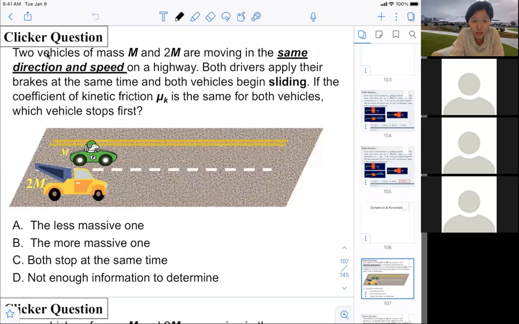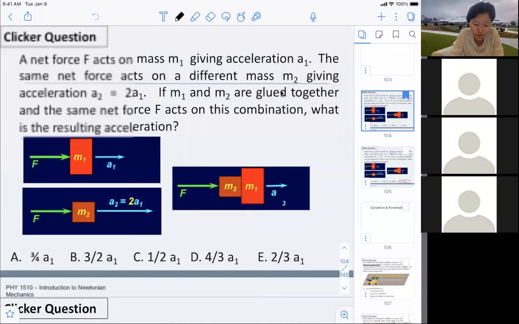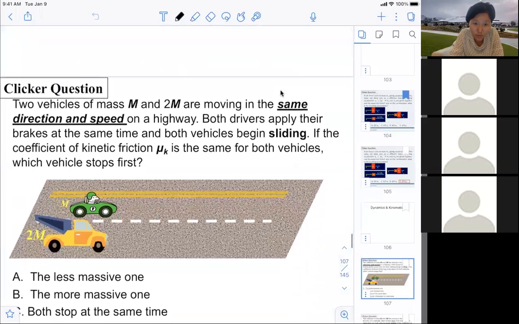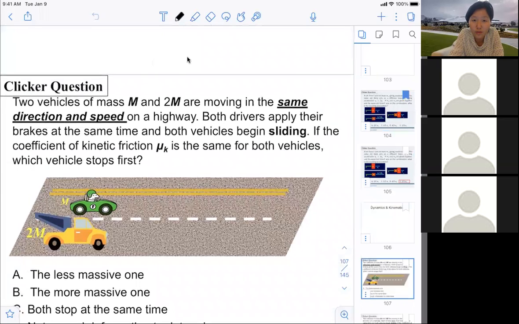Hello, everyone. I'm joining group 7 today. What are the thoughts on this one? Sorry, let me bring it back.